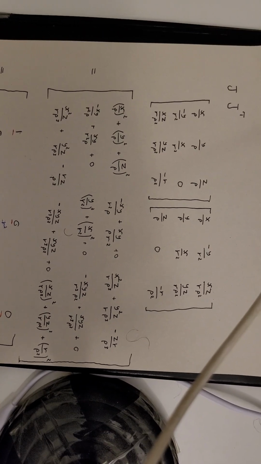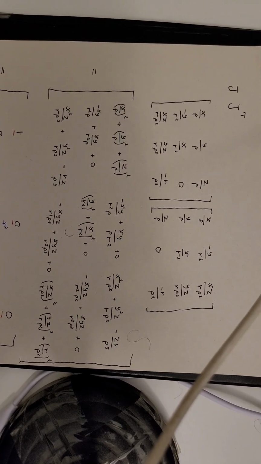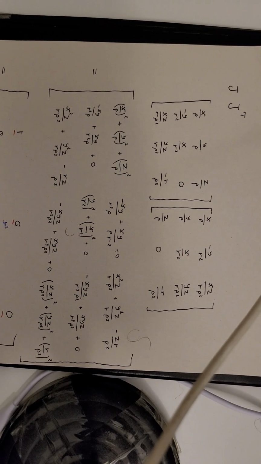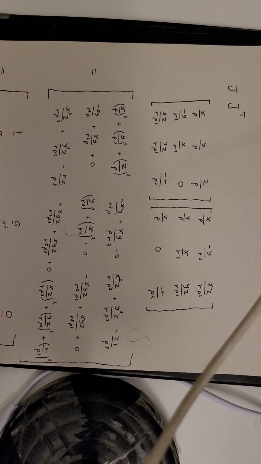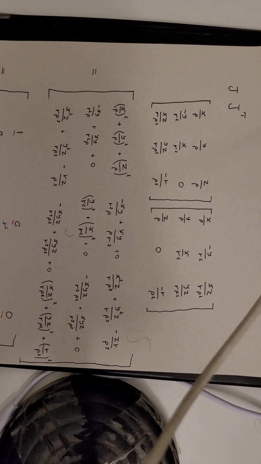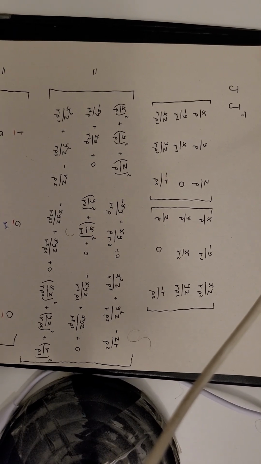So we have the NABLA operator, and we can do a lot of things with it. We can calculate the divergence of some vector field by taking the dot product with the NABLA operator, and we can calculate the curl of a vector field by taking the cross product with the NABLA operator.